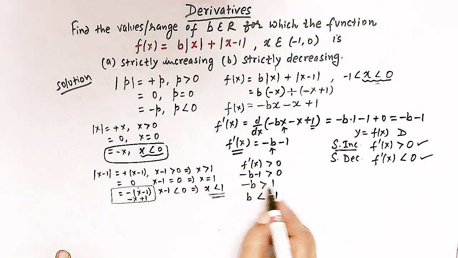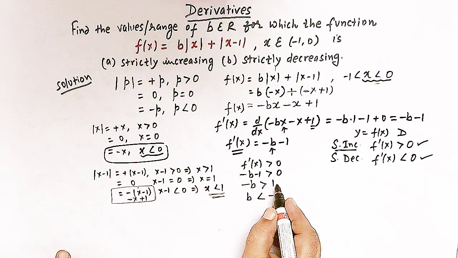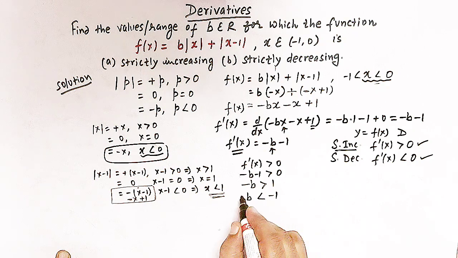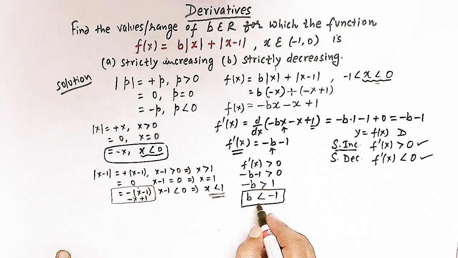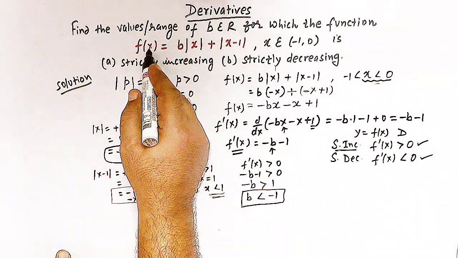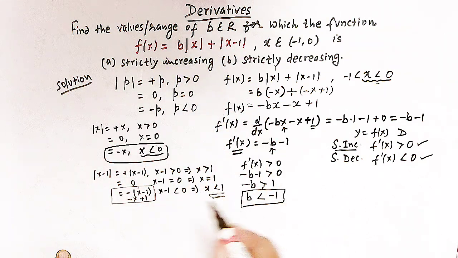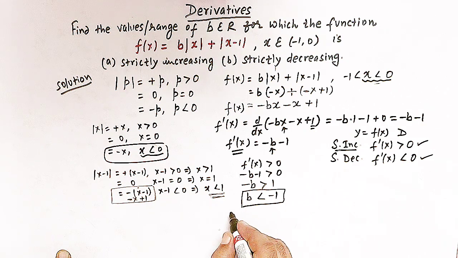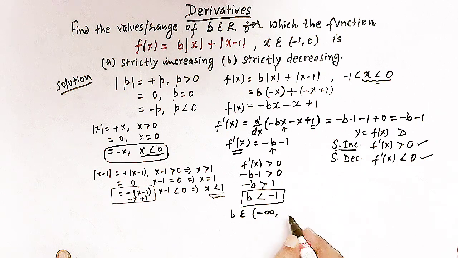Multiplying both sides by minus 1, the direction of the inequality gets reversed. So when b is less than minus 1, the function f of x is strictly increasing. We can also write b belonging to the interval minus infinity to minus 1.